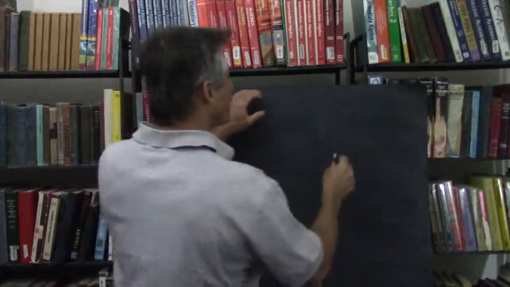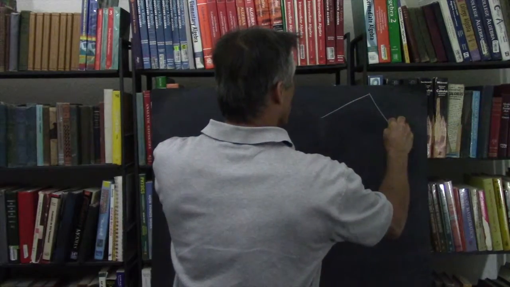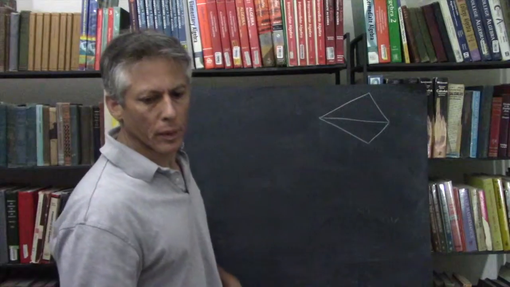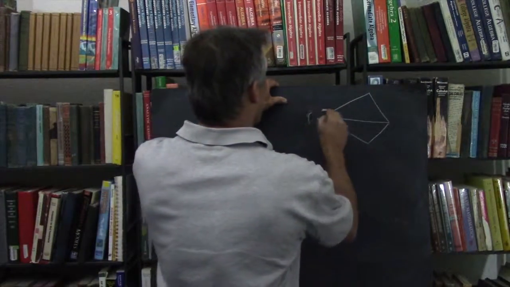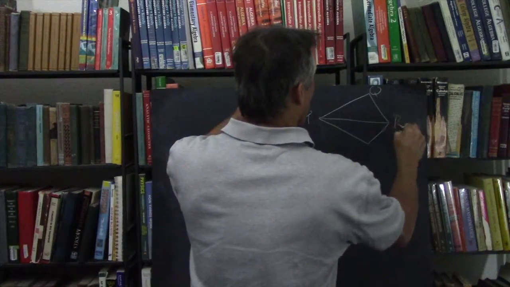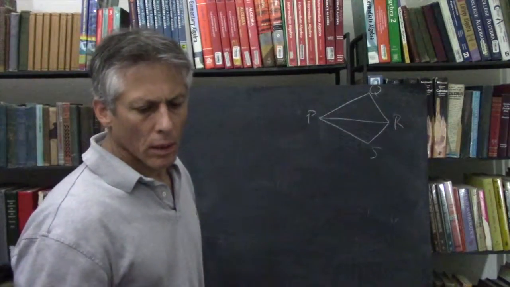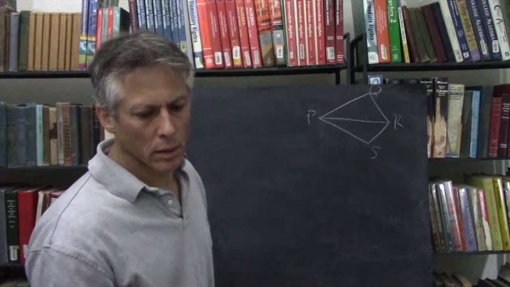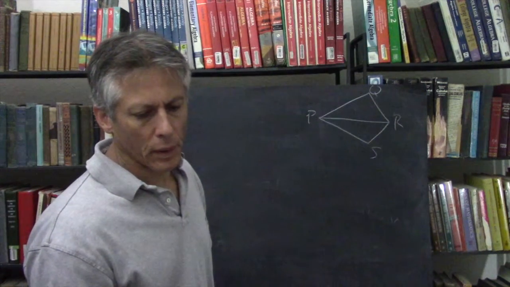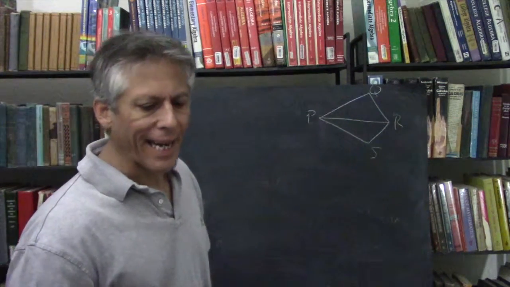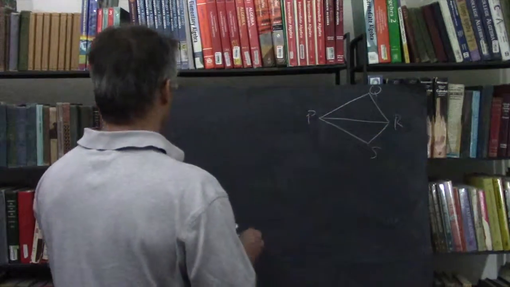Okay. So, same diagram. PQRS and PR bisects angle QPS and angle QRS.